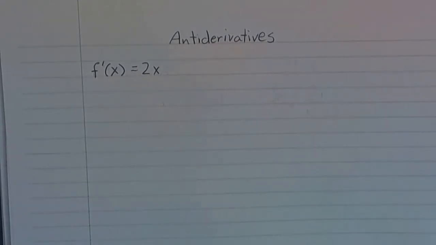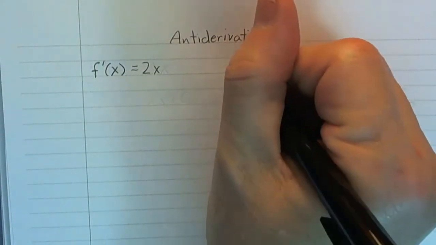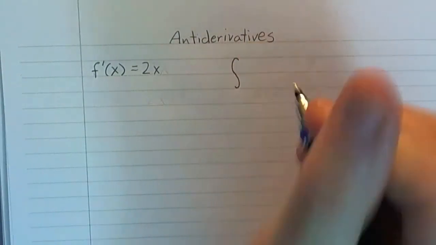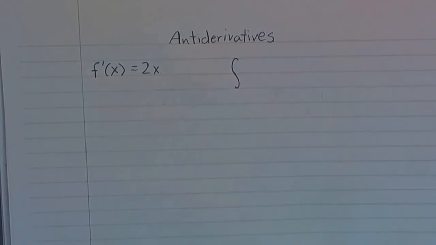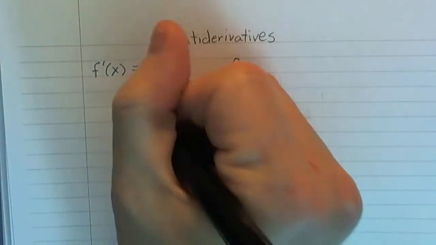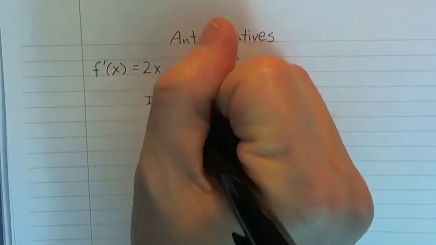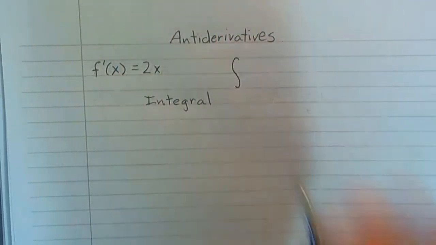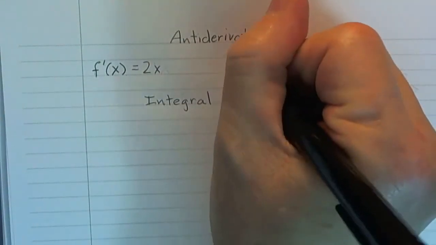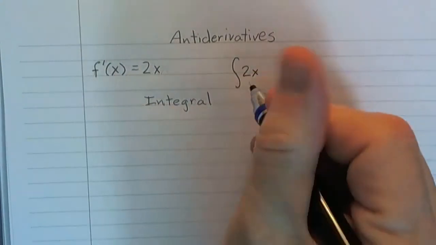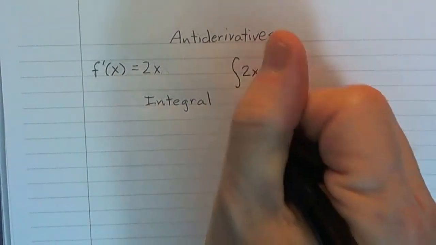Now the way we're going to ask for that is we're going to use this little symbol right here. This is an integral symbol. I'm going to put the 2x in here, and that 2x is the integrand.